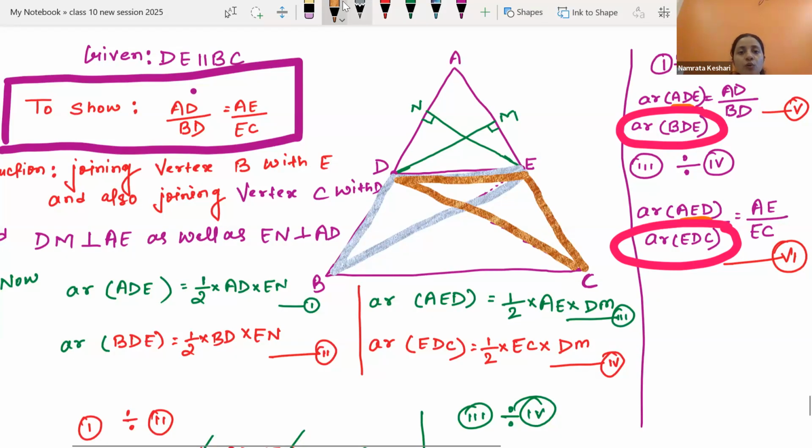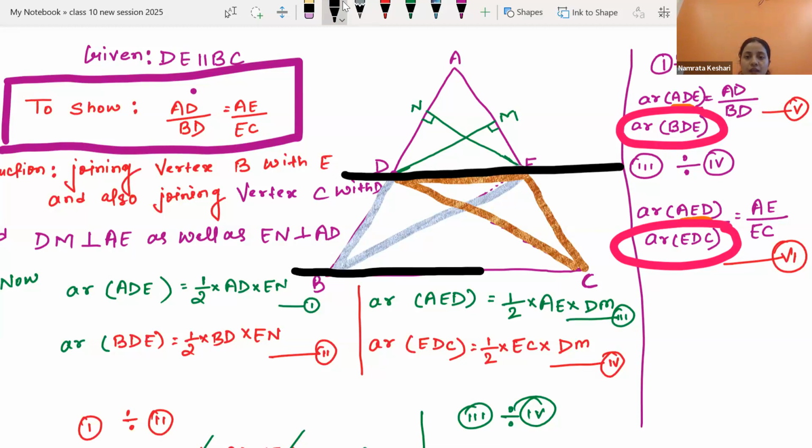Okay, so focus. The moment I started the explanation, I told you, when you are having parallel lines, and in between two parallel lines you are having triangles, and you are trying to find the area of both the triangles one by one, the base is same.